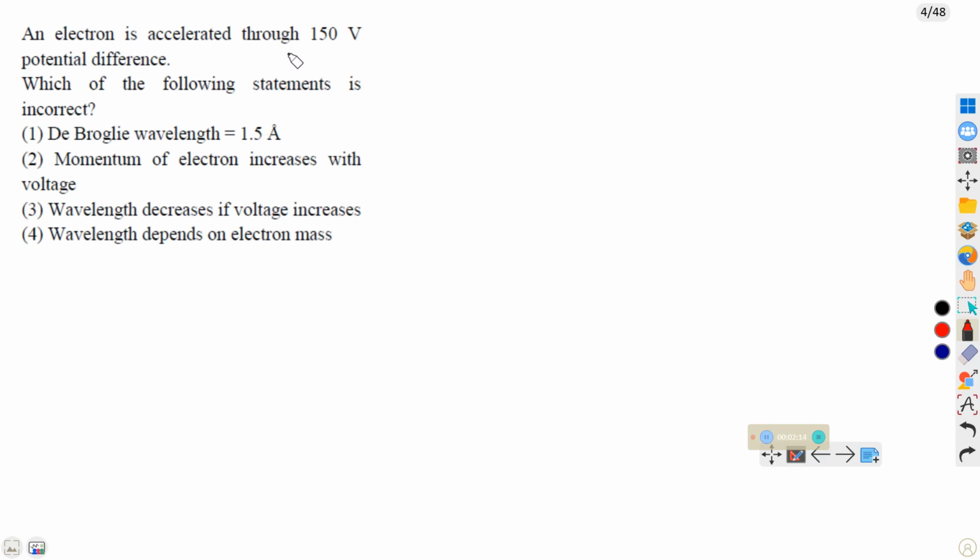An electron is accelerated through a 150 volts potential difference. Which of the following statements is incorrect?